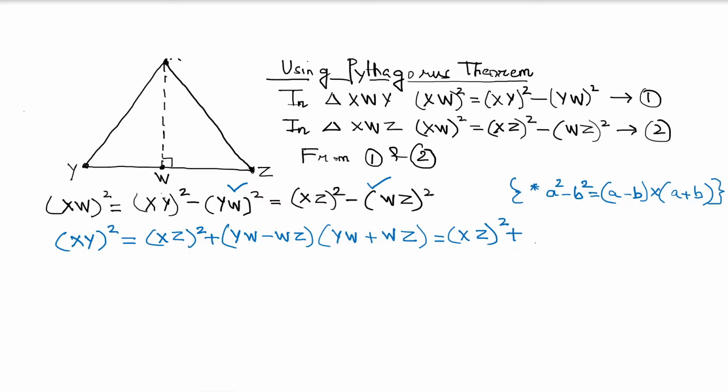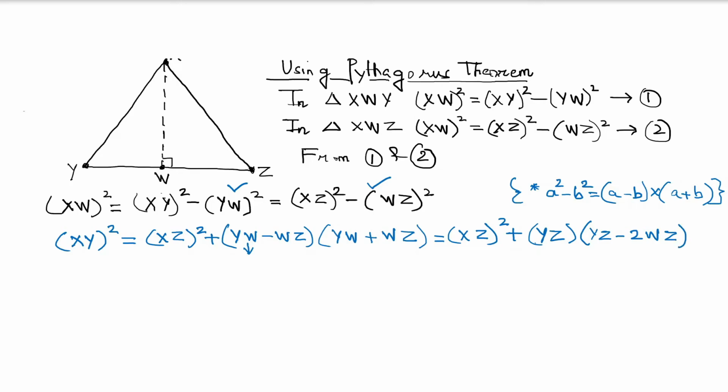So we know that YW plus WZ can be written as YZ, and further YW can be written as YZ minus WZ. I mean, this can be further broken into YZ minus WZ, which eventually can be written as YZ minus 2WZ.